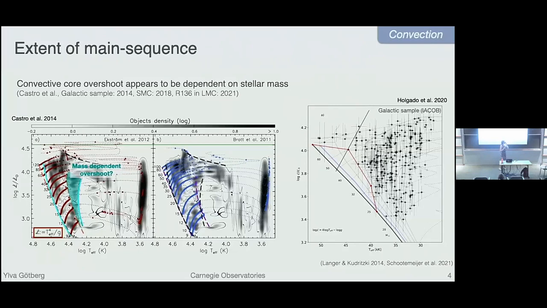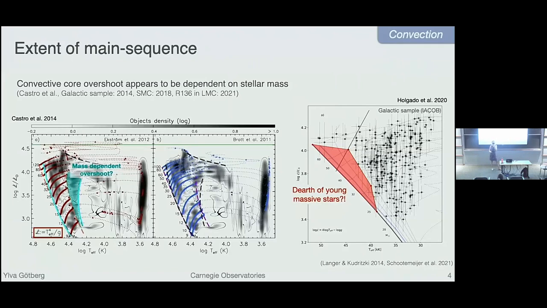So what we can see is that there is a dearth of massive stars here. Okay, so this is weird because the massive stars, they spend most of the time early during the main sequence here, and less time there. So it's slowest in the beginning.